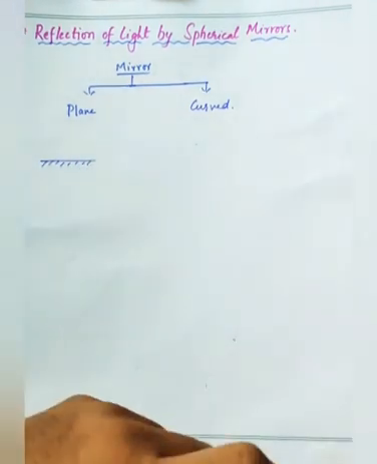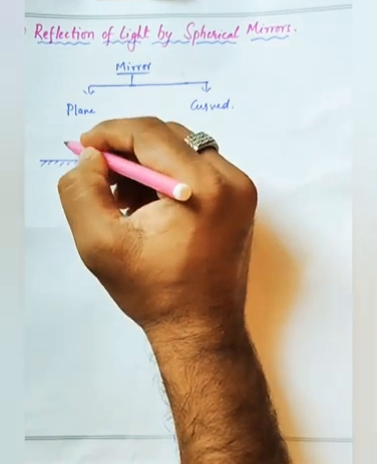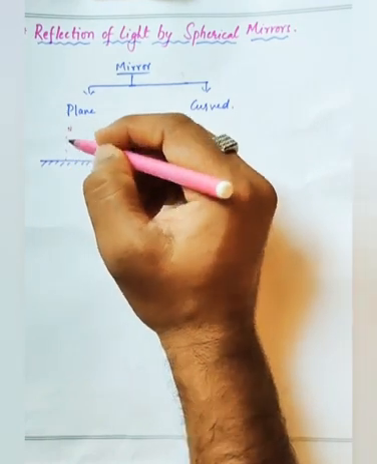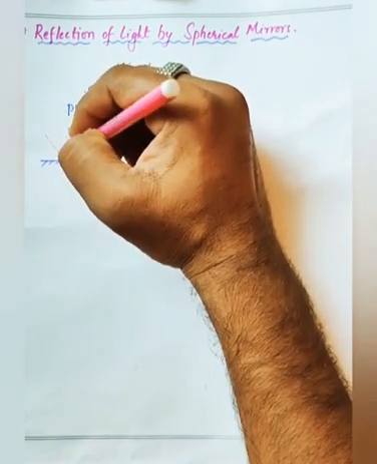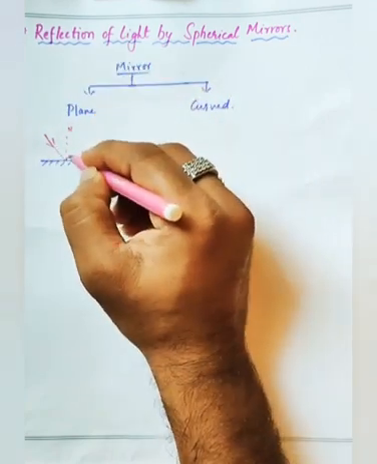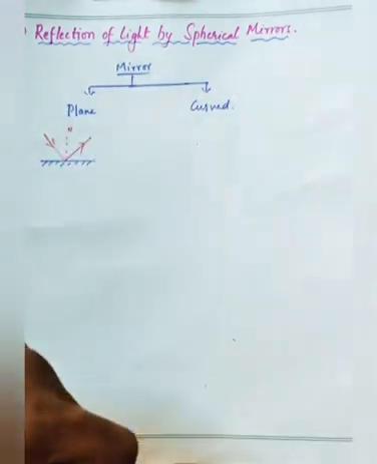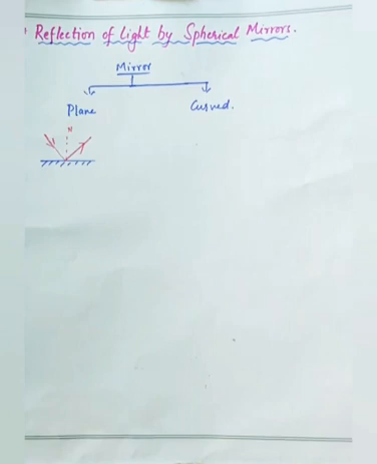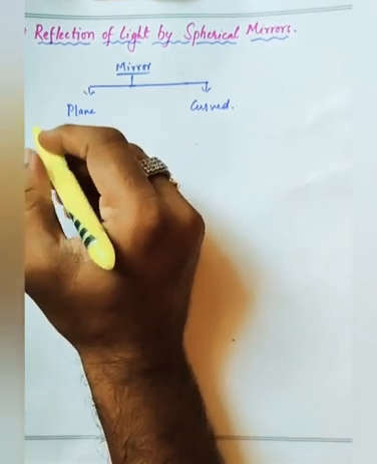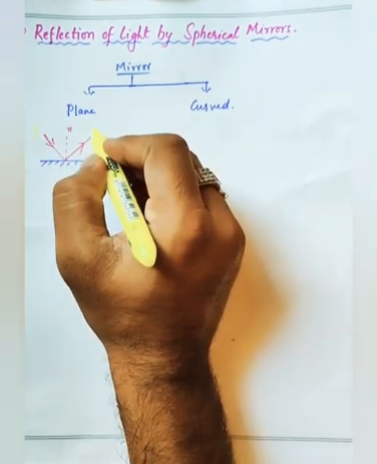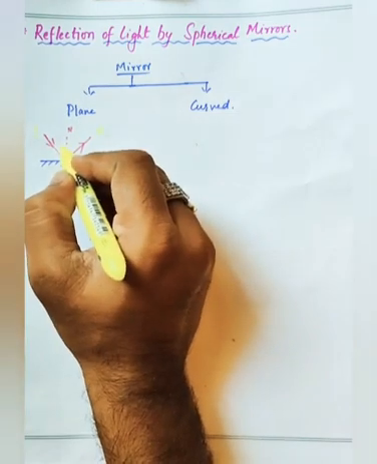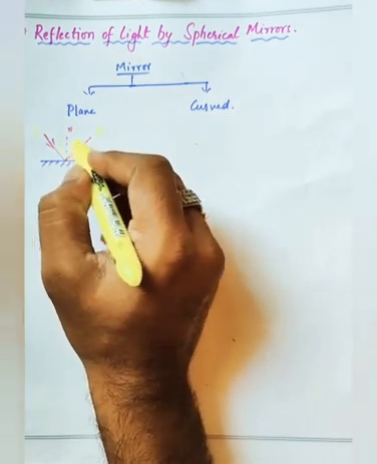We already studied that. The ray on this is a normal, and the ray will come and reflect back. This is the incident ray and this is the reflected ray. This is the angle of incidence and this is the angle of reflection.